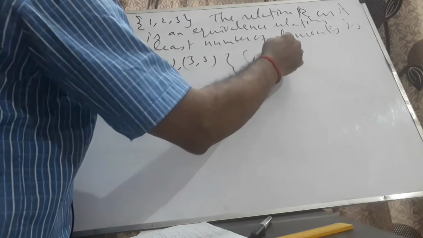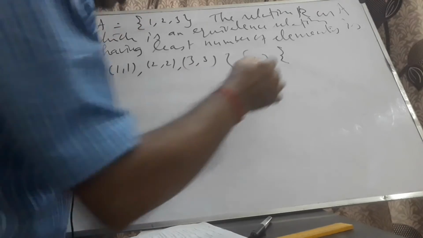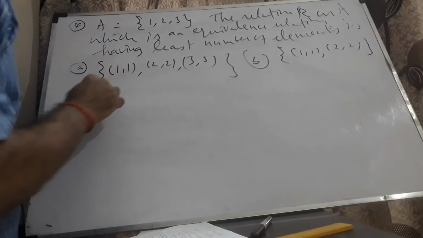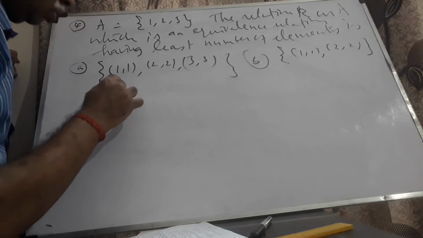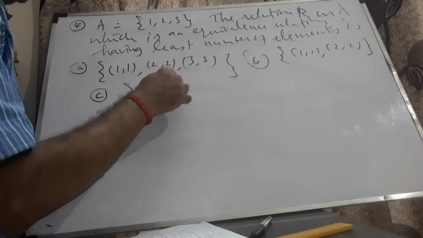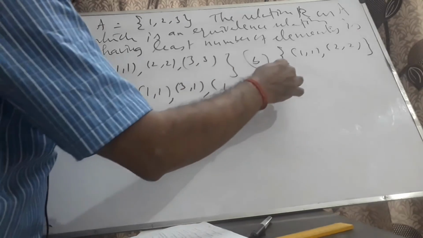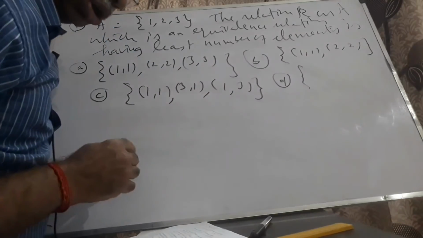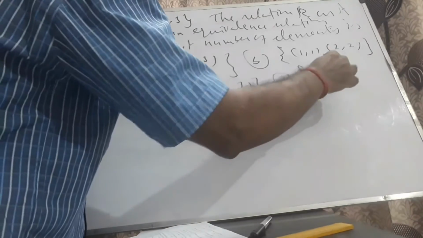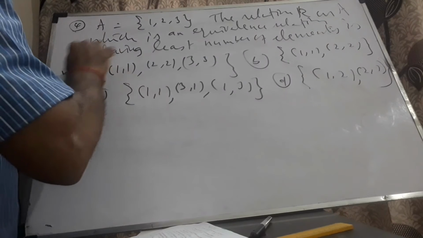And solution B, you have elements (1,1), (2,2). Then of course C, (1,1), (1,3), (3,1). Of course solution D, you have (1,2), (2,1). Of course, answer is A.